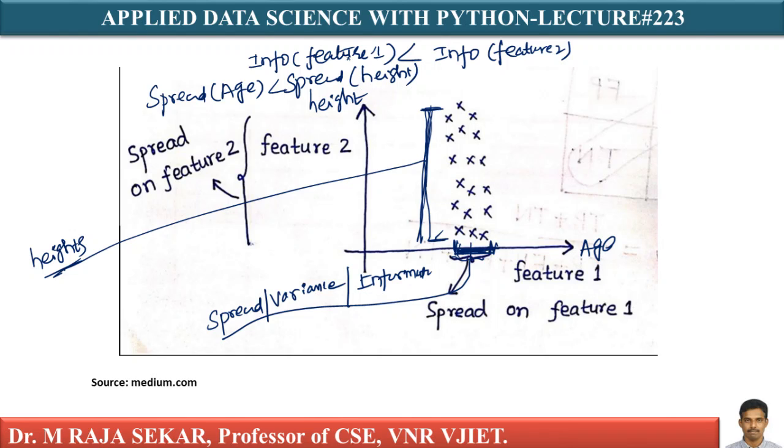The information contained by feature 1, that is age, is very low as compared to feature 2. If forced to represent the data set in one dimension, feature 1 can be removed easily. Why? Because the spread is very low.